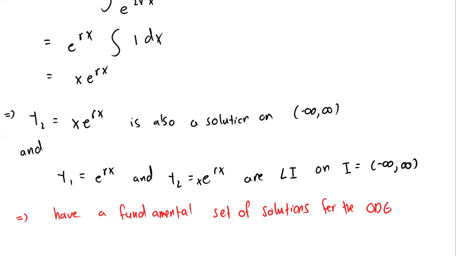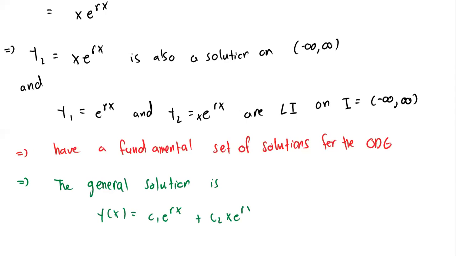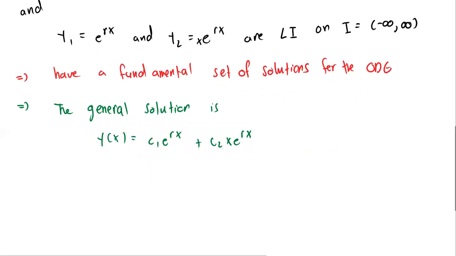And as we know, if we have a fundamental set of solutions, we know what the general solution is, which is all linear combinations of the fundamental set of solutions. So y of x equals c1 e to the rx plus c2 x e to the rx, where c1 and c2 again are just any constants.